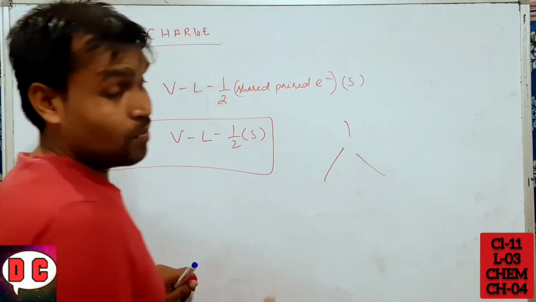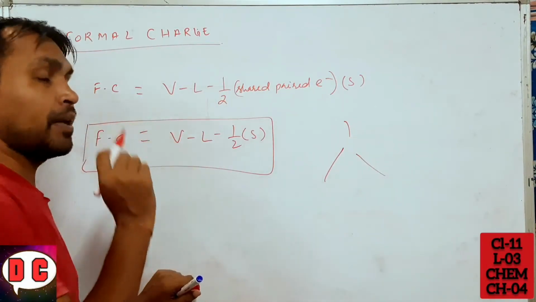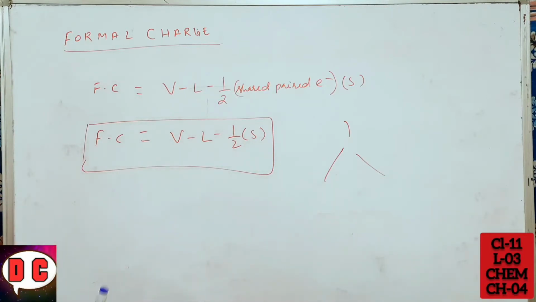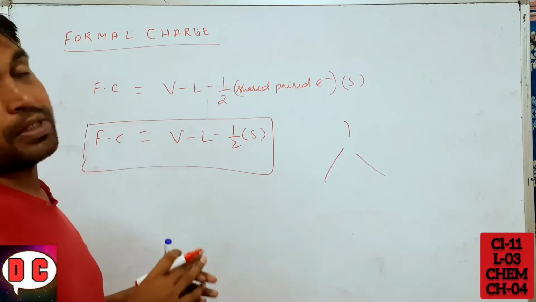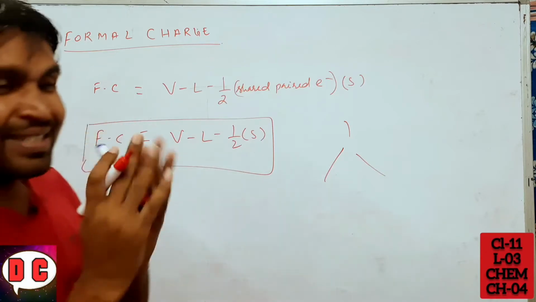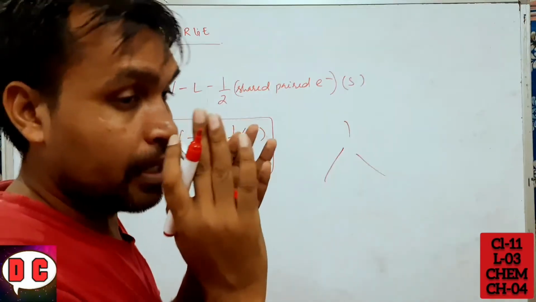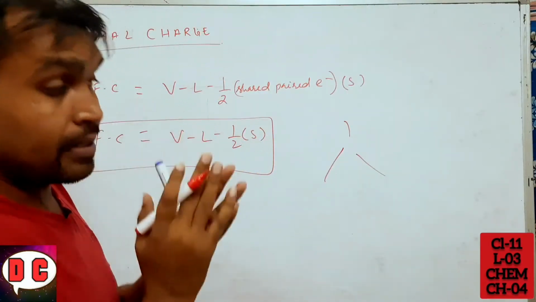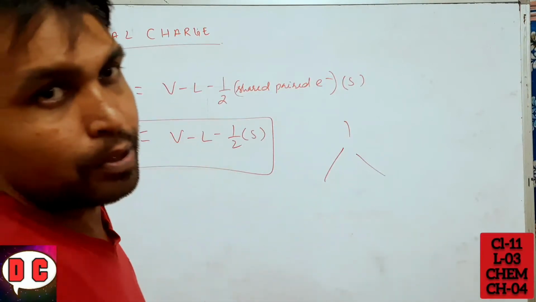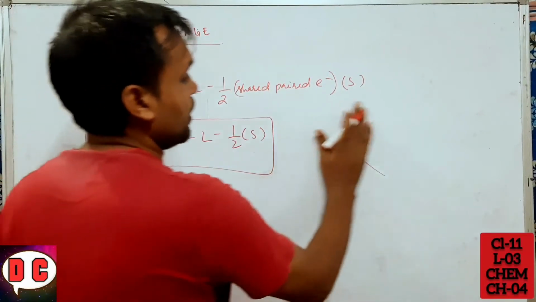Which structure is most stable will be told to us by formal charge. The one which has the lowest formal charge will have the least energy, and as a result will be the most stable one. I hope you have understood what I am trying to tell you.